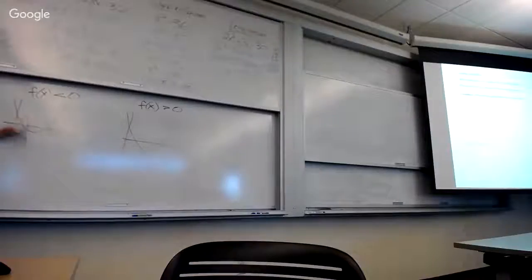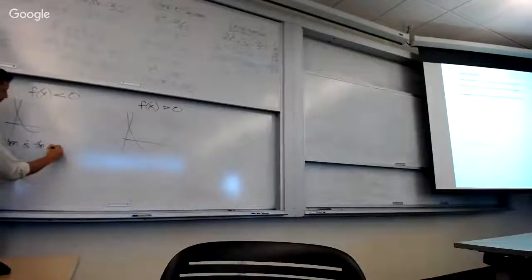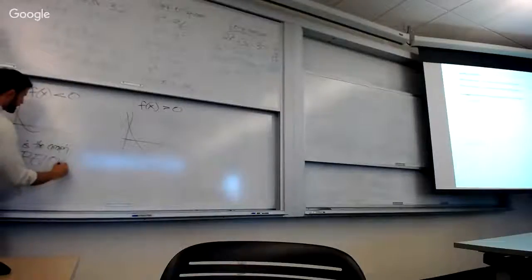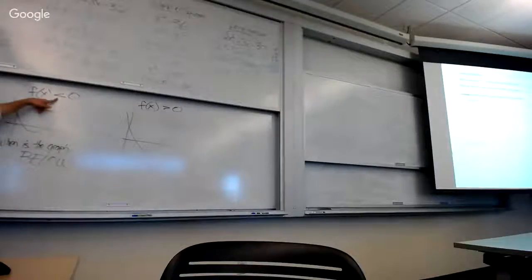Down here, right? So what are we asking? When is the function below? That's what we're saying. When is the graph below the x-axis? Keyword: below, which hopefully goes really well with less than, because if you're less than something, then you're below it.